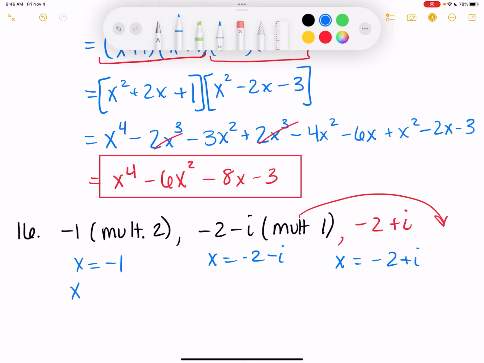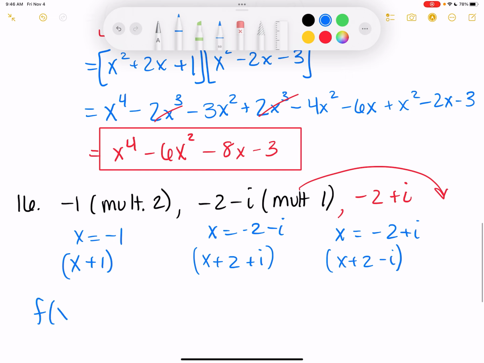So factors are x plus 1, x plus 2 plus i, and x plus 2 minus i. I'm just setting it up; I'm not going to actually multiply this one out. x plus 1 is multiplicity 2, so it's squared.